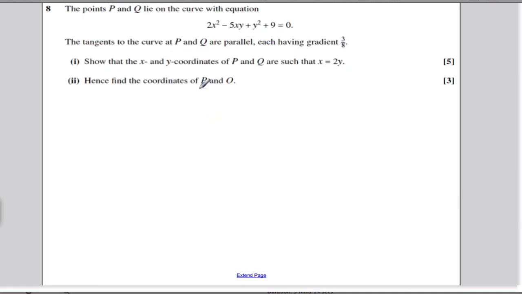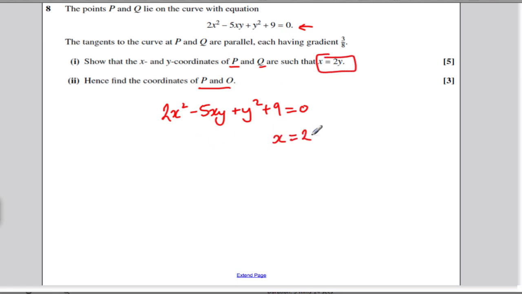It says hence find the coordinates of P and Q. Now remember, P and Q lie on this curve, so they certainly satisfy the equation 2x squared minus 5xy plus y squared plus 9 is 0. But they also must satisfy the equation from part 1, so they also satisfy x is 2y.